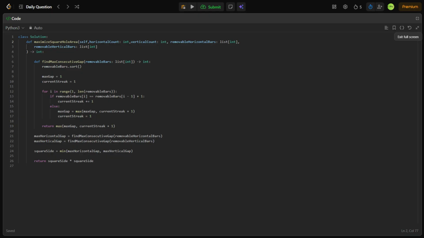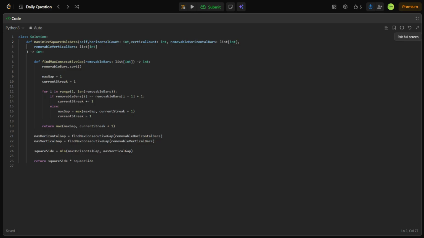Key idea. To form a square hole, we need a continuous gap horizontally and a continuous gap vertically. The largest square we can form is limited by the smaller of these two gaps. So the whole problem becomes, what is the largest consecutive gap I can create by removing allowed bars?